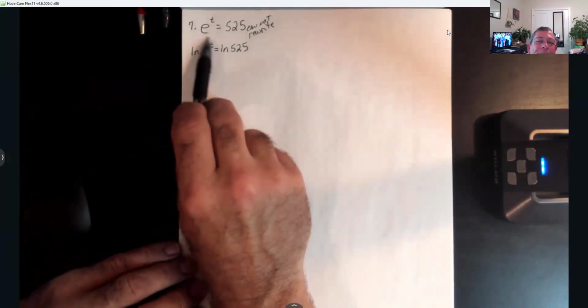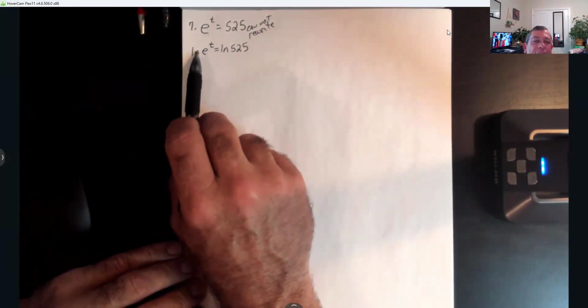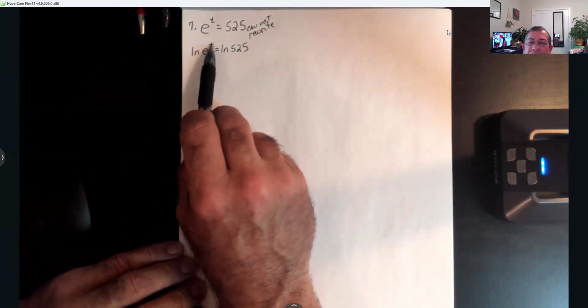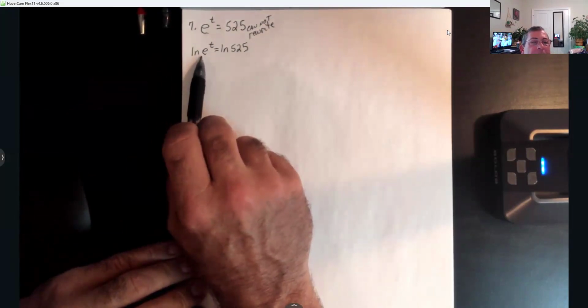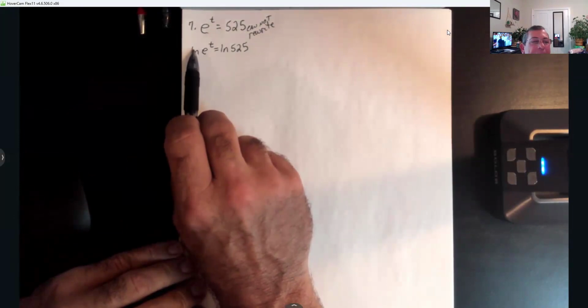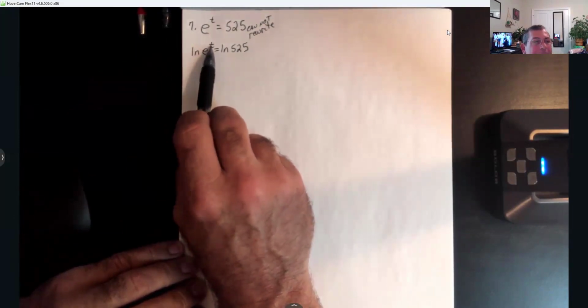So y'all, let me ask you this. What's going to happen on this left side if I have an ln of e to the t? Now remember, ln is a log base e, right? So that'd be like a log base e of e to the t.